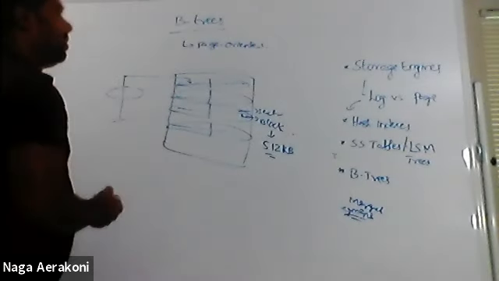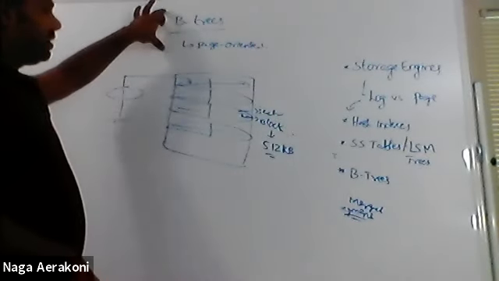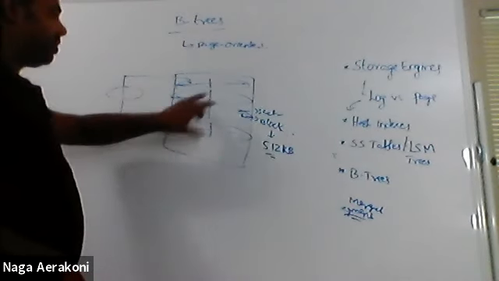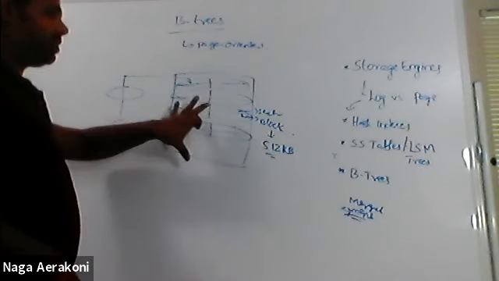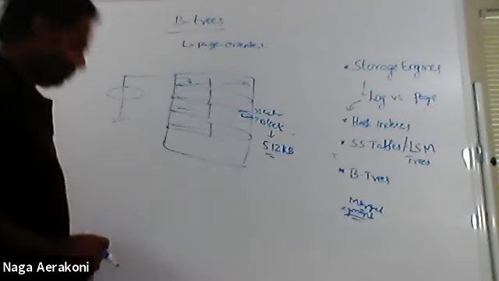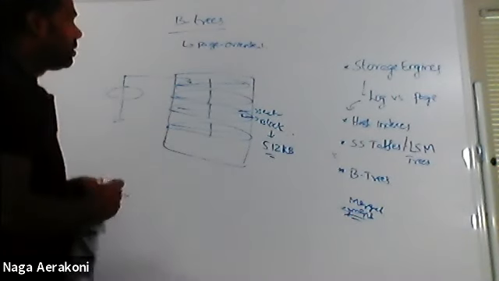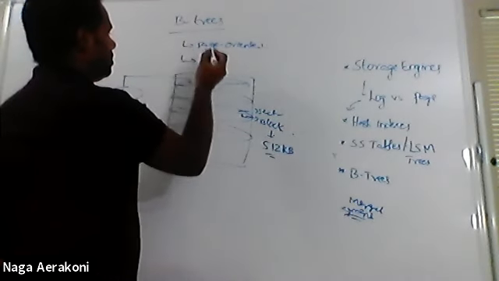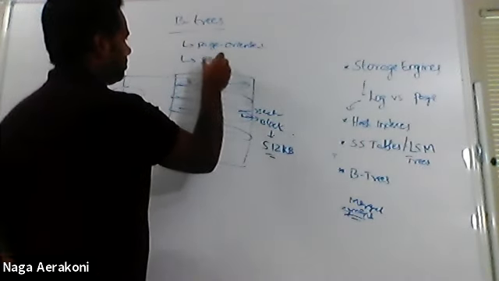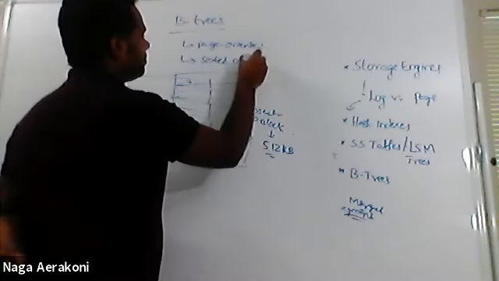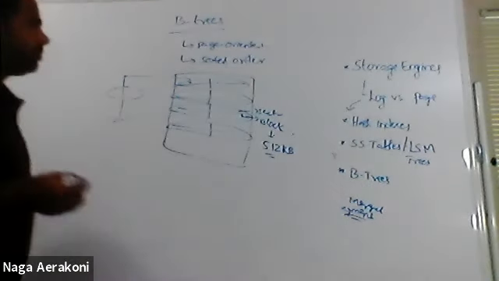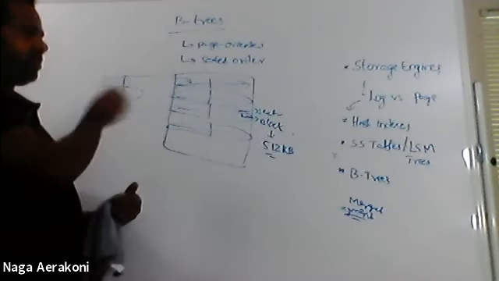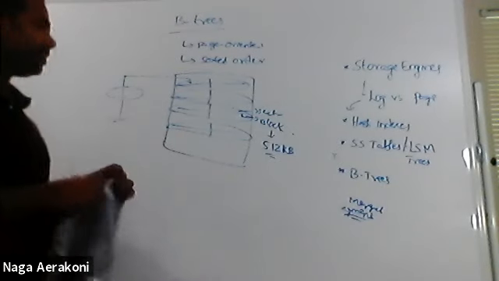So B trees normally organize and store the data in terms of blocks, just like the disk does. And coming to the order, B trees also store the keys in sorted order. But the way it works is different from block storage. We'll just look into that.